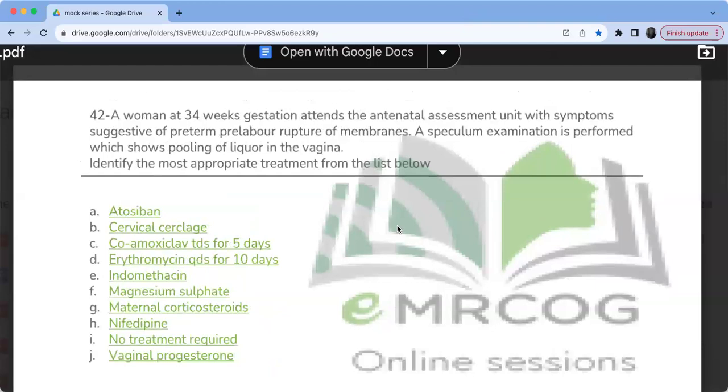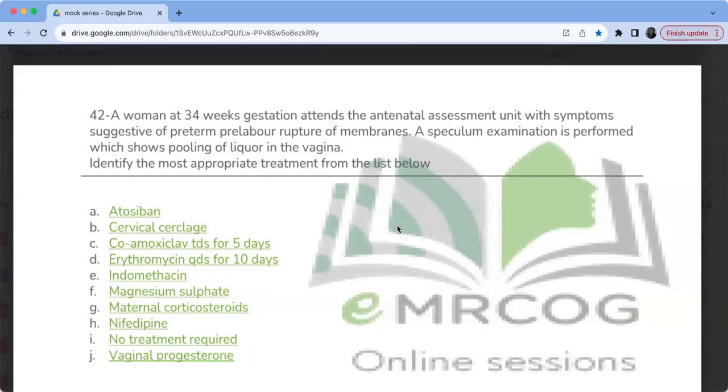Let's have a question on a woman at 34 weeks of gestation who attends the antenatal assessment unit with symptoms suggestive of preterm pre-labor rupture of membranes. A speculum examination is performed which shows pooling of liquor in the vagina. Identify the most appropriate treatment.